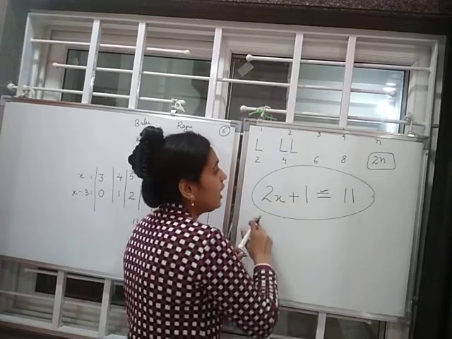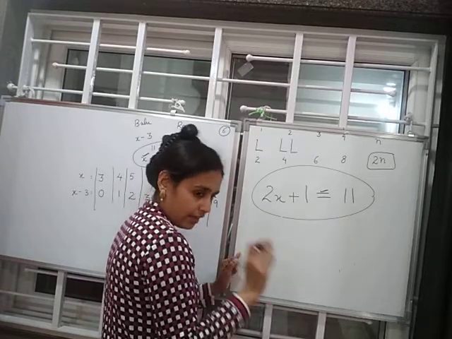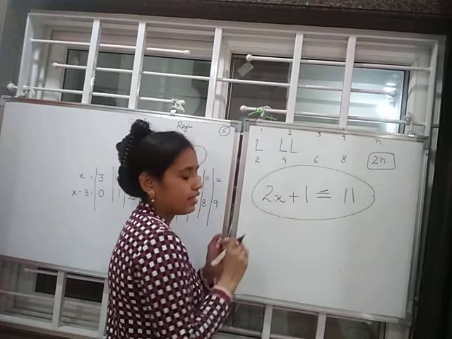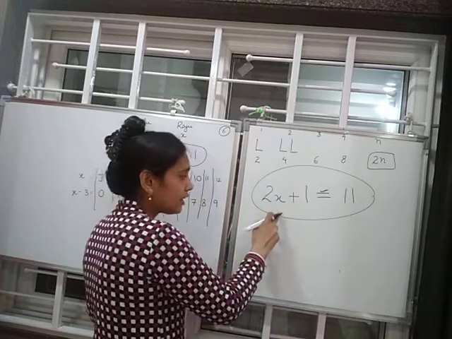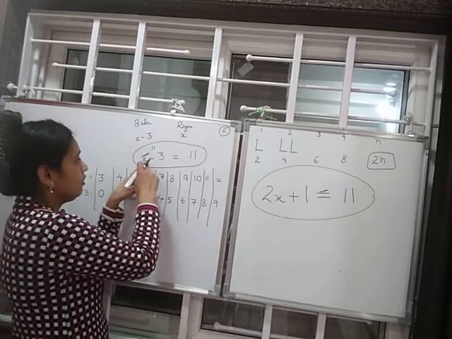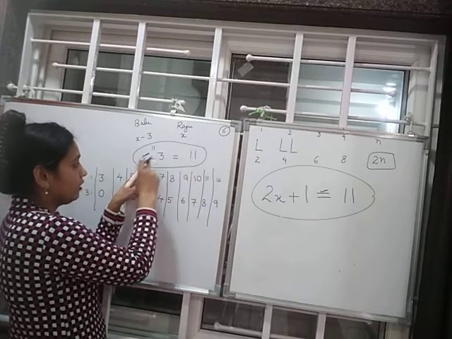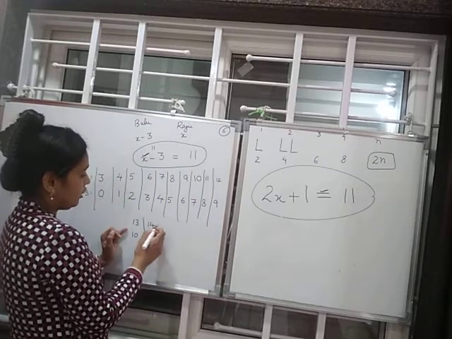Okay, and an equation of a variable is an equation where you have any variable, that is a, b, c or x, y, z, anything. Okay. So what is an equation? Here, according to this, x minus 3 is equal to 11. So here the value of x is what?